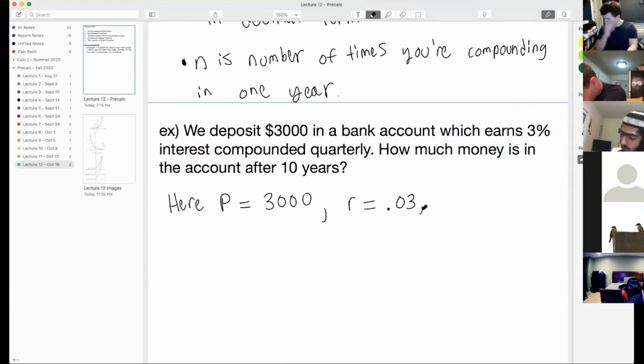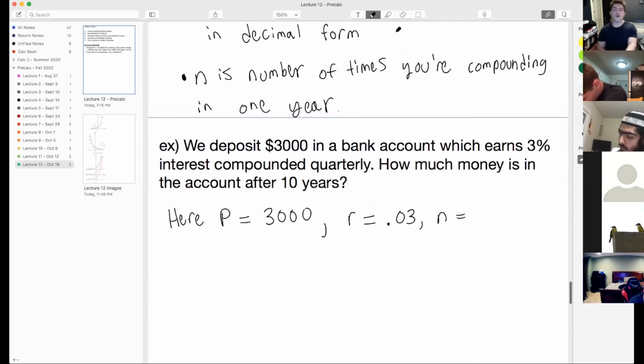And how many times are we compounding per year? N equals what? It's a little tricky wording. We're compounding quarterly. That means we're compounding 4 times per year. N equals 4 since we're compounding quarterly.